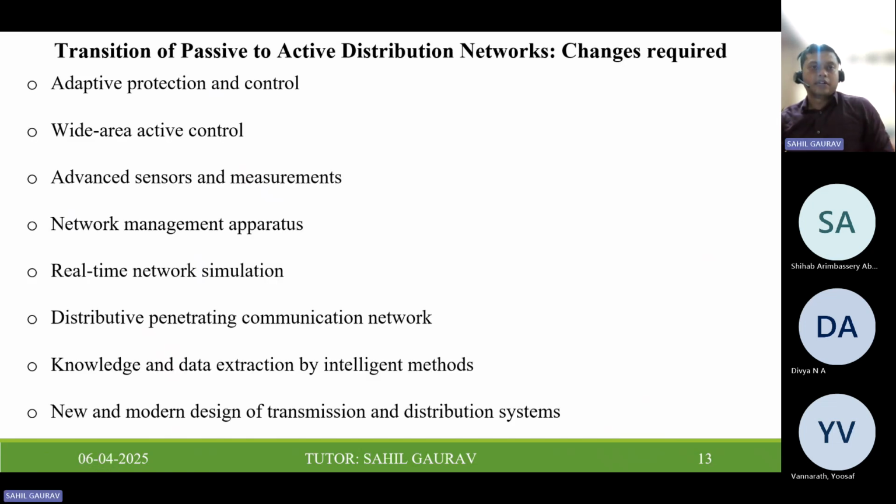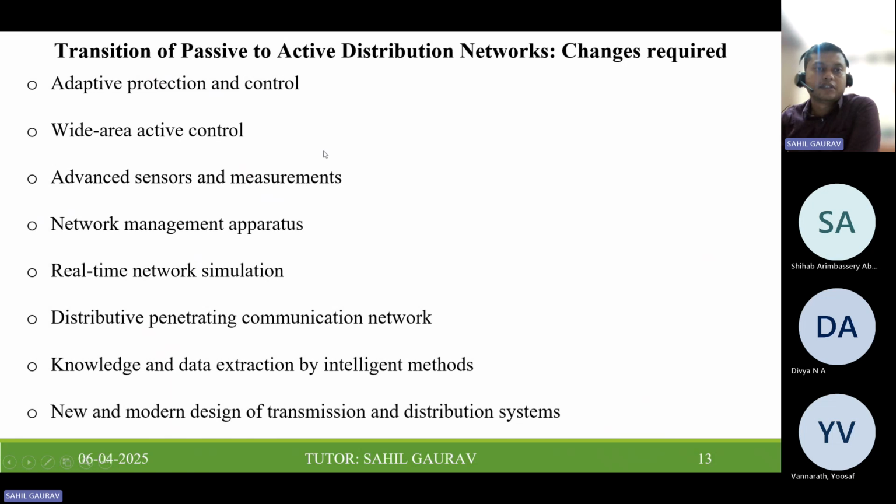Now, what are the changes required if you are having a transition from passive to active distribution networks? There are reactive protection and control, wide area active control, advanced sensors and measurements, network management apparatus, real-time network simulation, distributed penetrating communication network, knowledge and data extraction by intelligent methods, new and modern design of transmission and distribution systems.